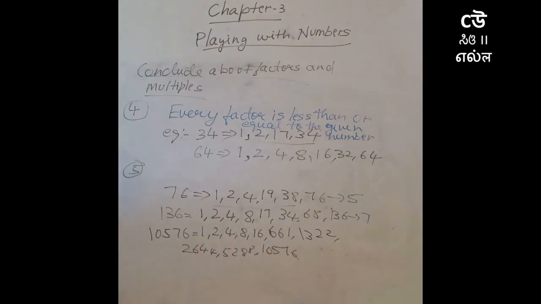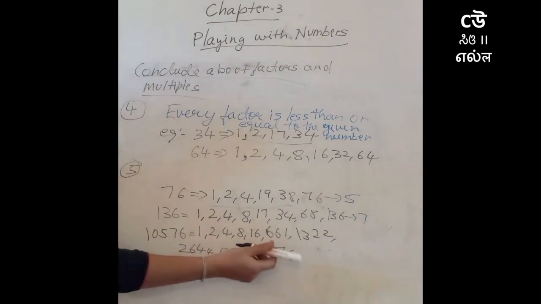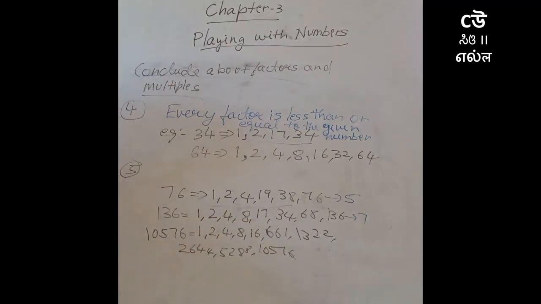So what can we conclude with this observation, children? We can tell that the number of factors of a given number can be countable, that is finite. So the factors of a number are always finite. We can count the factors of any number, for a bigger number or smaller number. So here we have 1, 2, 3, 4, 5, 6, 7, 8, 9, 10, so we have 10 factors for this, right?